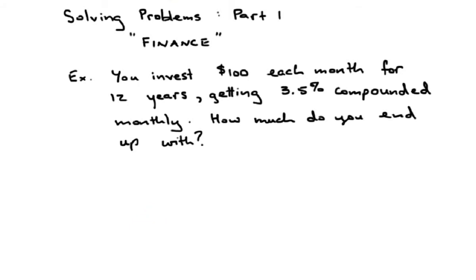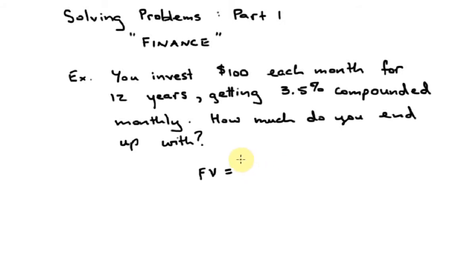Now, mathematicians have worked out a formula that deals with this kind of regular investment problem. And I'm going to show you what that formula is, and you don't have to memorize it. Okay? So it works like this. The future value that you end up with, that's what we're looking for.